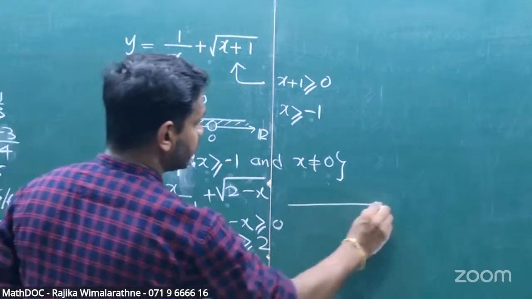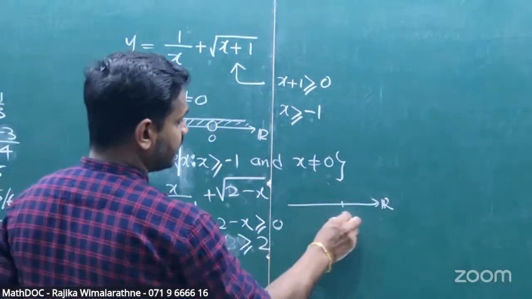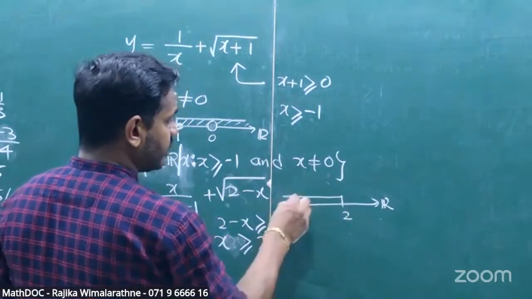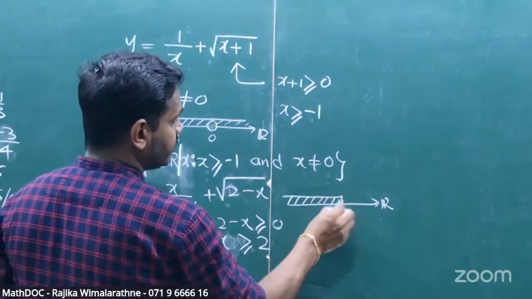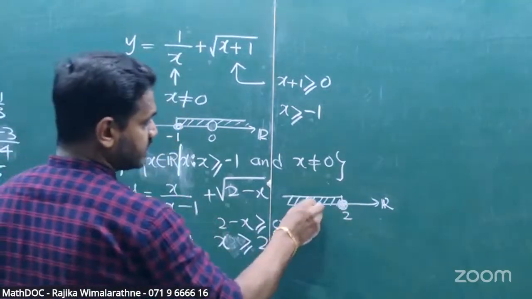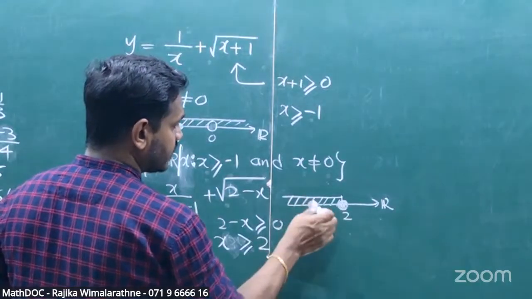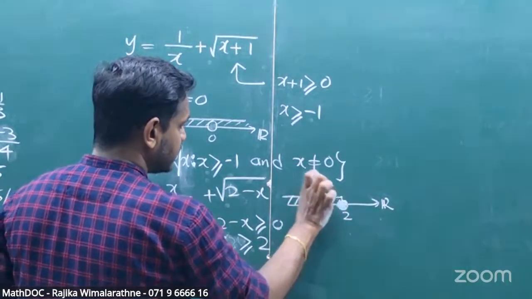Now it is better to mark it on a number line. Here, values less than 2, mark 2, less than or equal to, here is the region. And further we have to remove 1. So 1 is somewhere here, you have to remove that one. Don't shade this one, okay?